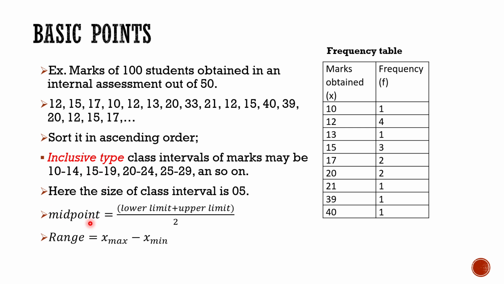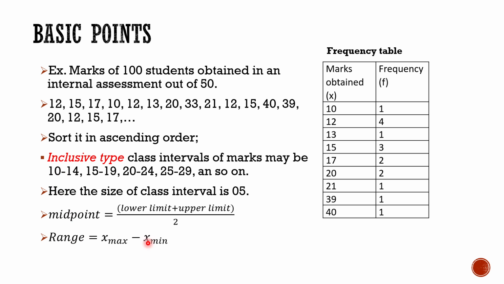How do you calculate the midpoint? If you want to calculate the midpoint of this class interval, you just add up the lower limit and the upper limit of the class interval and divide it by 2. So for example, for this class interval, the midpoint would be 10 plus 14, that is 24, divided by 2, and you'll get 12 as the midpoint for this class.